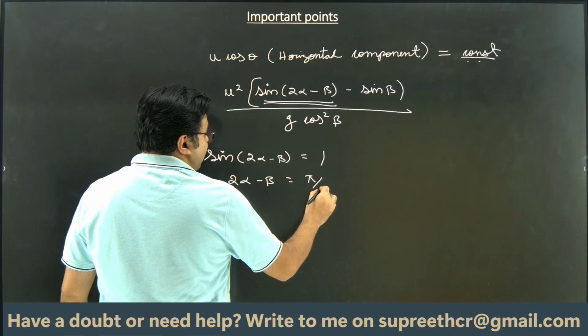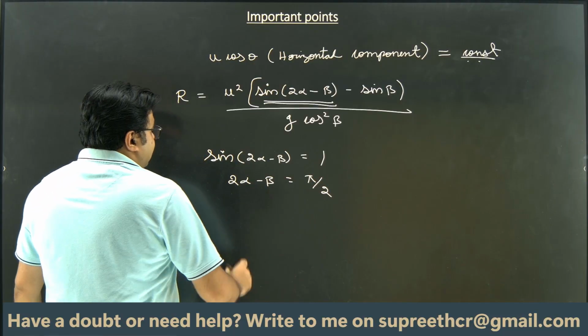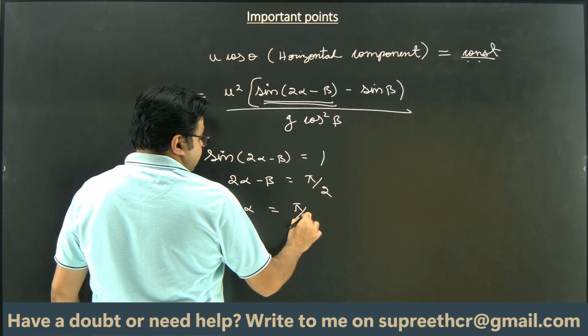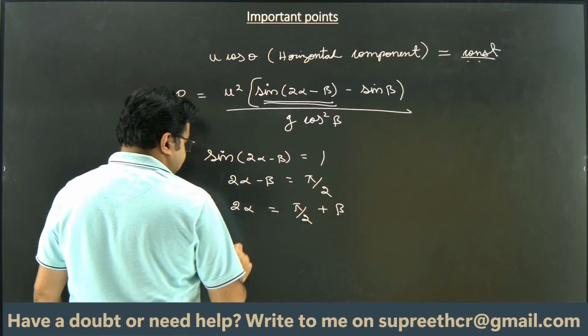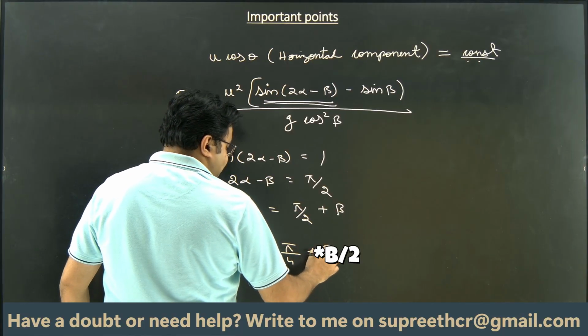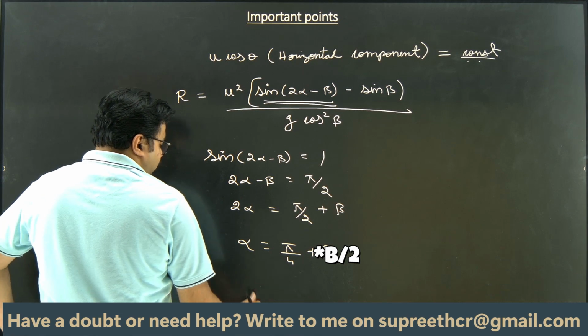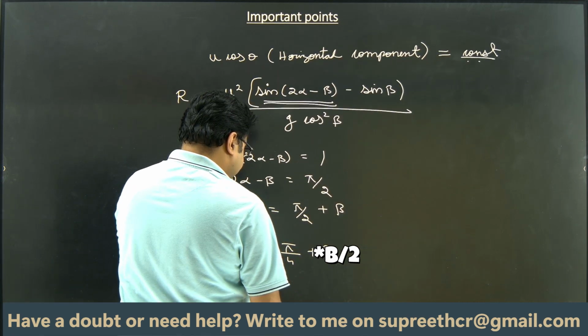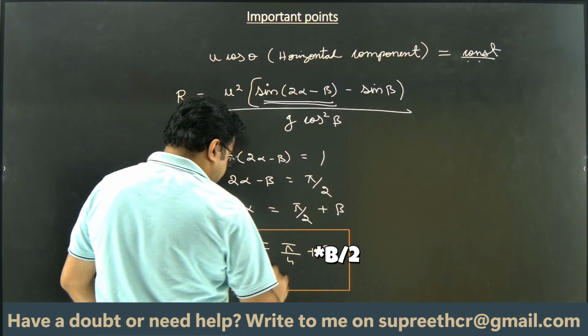It becomes equal to pi by 2. It's 90 degrees. Now, what is 2 alpha equal to? It's pi by 2 plus beta, my dear friends. What do you think is alpha? It's pi by 4 plus beta by 2. That's the answer for maximum range.